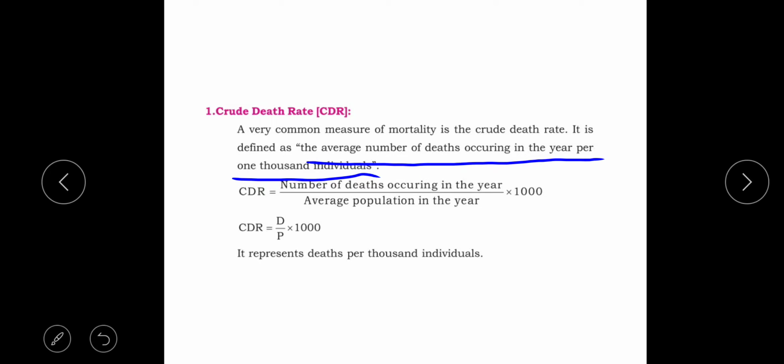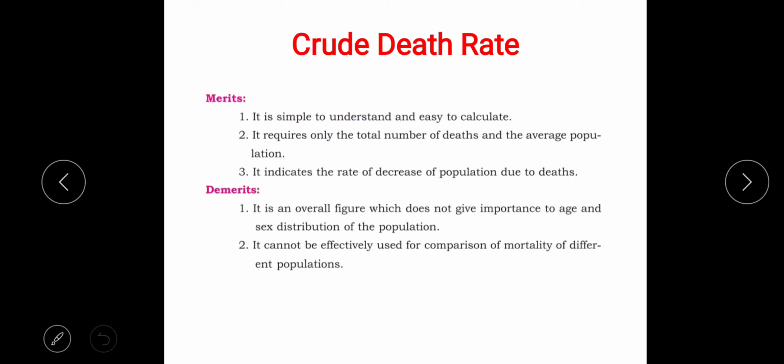Here the number of deaths is the total deaths, whatever the age group and whatever the gender. So total deaths and total population in the given location. Now its merits and demerits. The first merit is that it is simple to understand and easy to calculate, since we take only total deaths and total population.